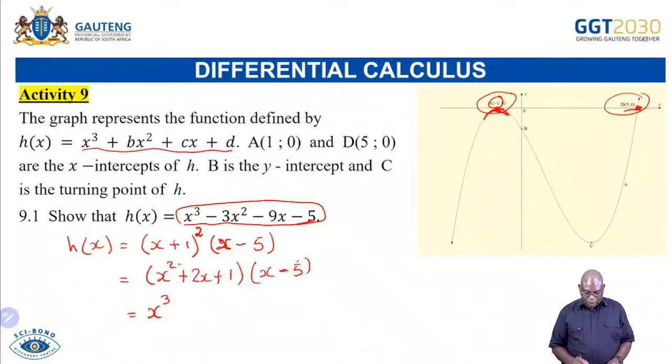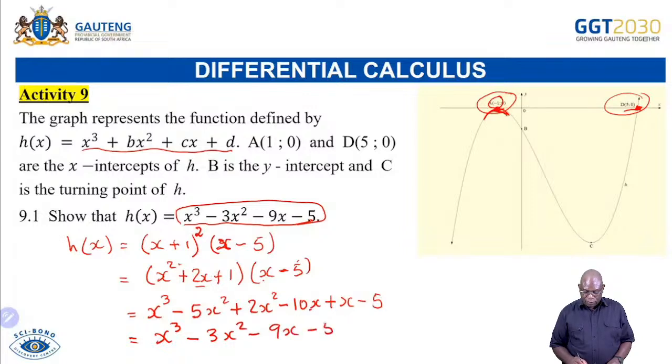This one times that will give me minus 5x squared. This one by that will give me plus 2x squared. This one by that will give me negative 10x. And then 1 times that will give us plus x. Then we've got negative 5. So if I clean that up, I'll get x cubed minus 3x squared minus 9x minus 5.